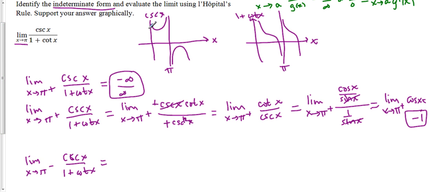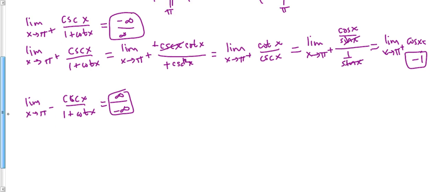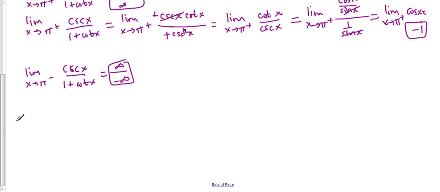Now if I'm coming from the negative side, cosecant x is going to go to positive infinity, but 1 plus cotangent x is going to go to negative infinity. So again, here's the indeterminate form that I was supposed to identify. And fortunately, it's one that I can apply L'Hopital's rule to.